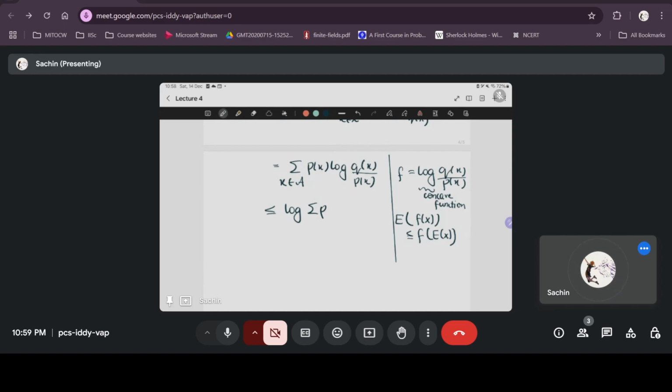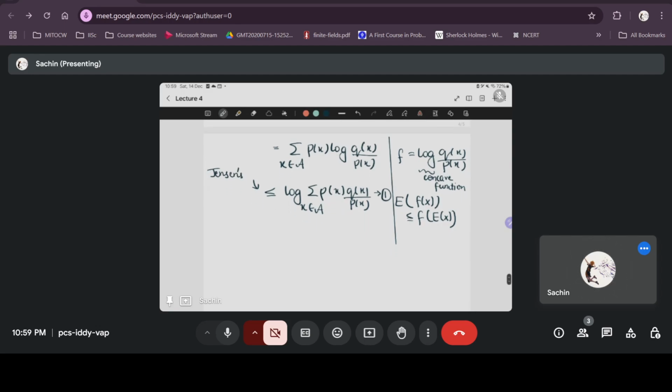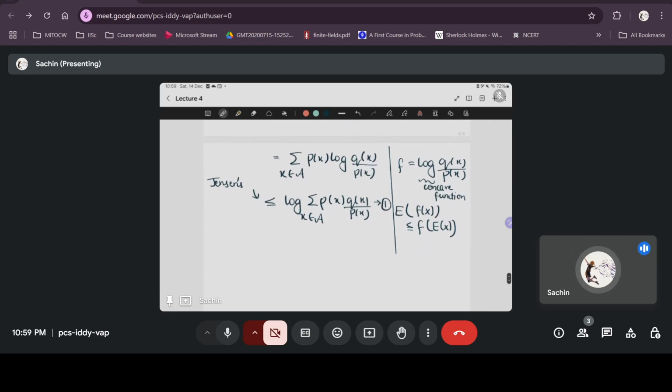That is, log of the sum of p of x times q of x over p of x. I'll call that 1, and this is by Jensen's inequality. Now, since we are summing only over the support, p of x is not 0 in any of these terms. So the p of x will get cancelled out.